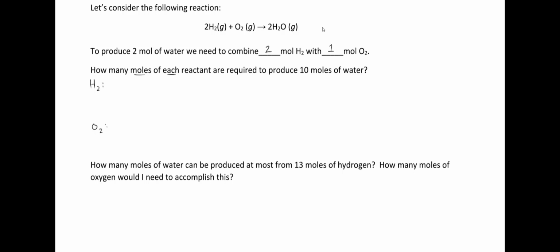Let's prove that. So we want to know how much hydrogen will make 10 moles of water. I want to put moles of water in the denominator, and moles of hydrogen in the numerator.